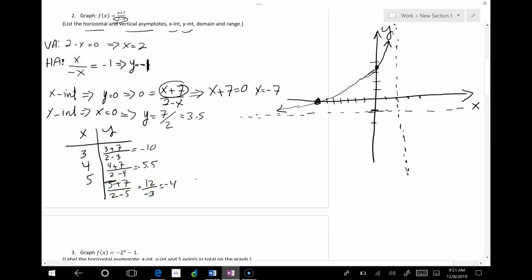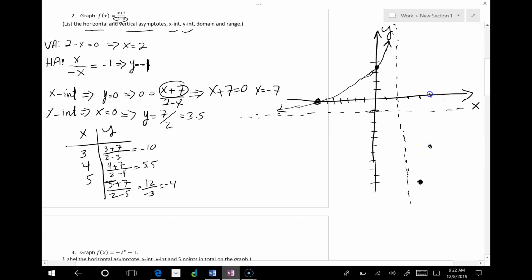So you just put the points. When x is 3, y is negative 10. That would be, let's say, 2, 3, 4, 5, 6, 7, 8, 9, 10. When x is 4, you have negative 5.5, 1, 2, 3, 4, 5.